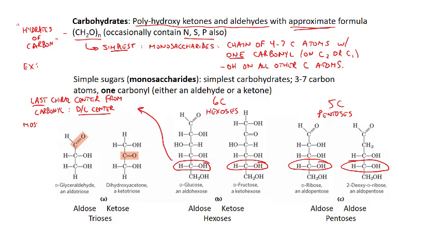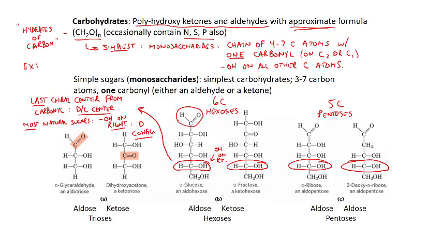In most, not all, but most natural sugars, if you draw the Fischer projection in the proper way, which is the carbonyl on top, the OH is going to be on the right. And in sugars in which the OH is on the right, that is said to be the D configuration. So you'll recall that when we were talking about amino acids are chiral, and all naturally occurring amino acids have the L configuration, at least those that are found in proteins.